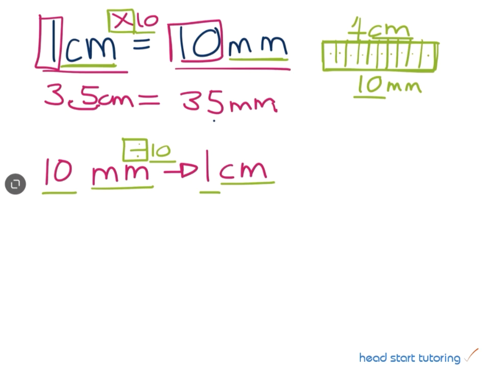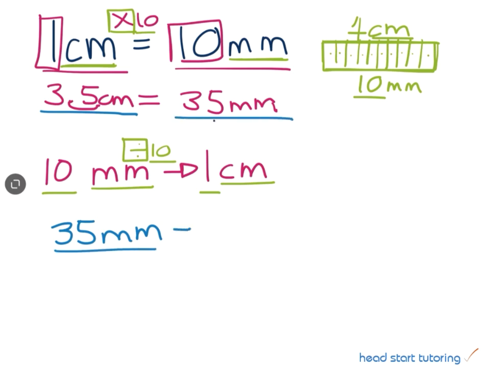So if we've got 35 millimeters, just like what we had here, 3.5 centimeters was equal to 35 millimeters. So in exactly the same way, 35 millimeters will be equal to 3.5 centimeters. And that is because we go from 35.0 to 3.5 because we are dividing by 10.